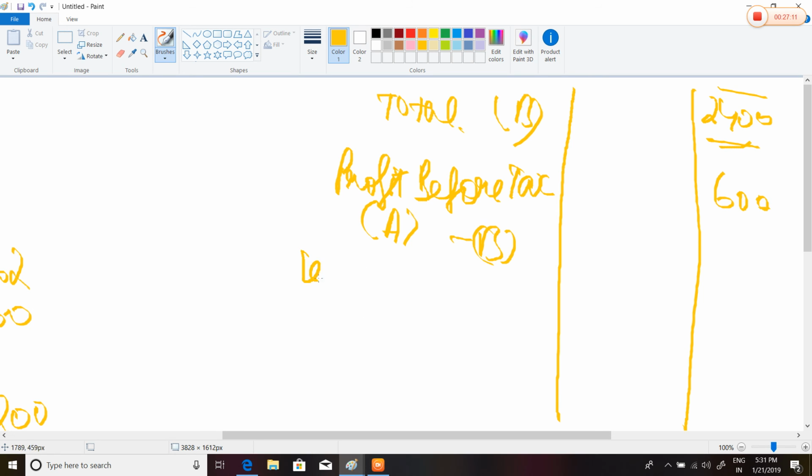From this, we have to first less factory closure cost, 60, that is an extraordinary item.